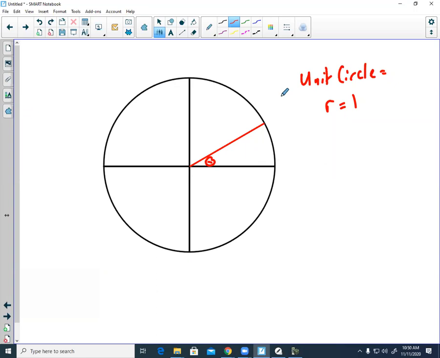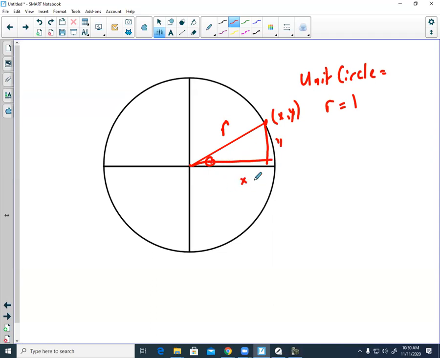But obviously we could make it bigger. If we make the circle have a radius of 2, we're just doubling the size of it, right? We're making it 2 times as big. So if we want to think about this in a general form, I could say that the radius is just r. We had just talked about this point right here being the point x comma y, which means that we go up y units and we go over x units.